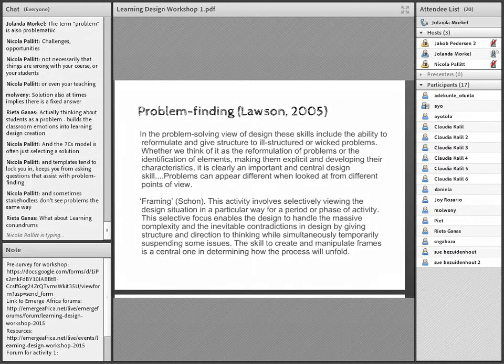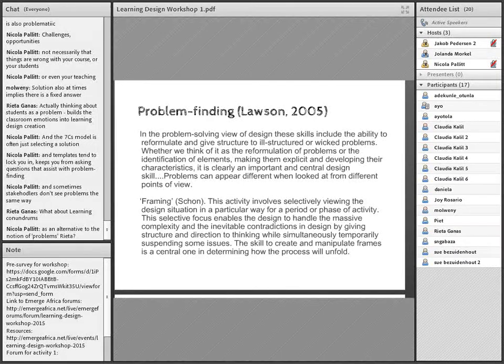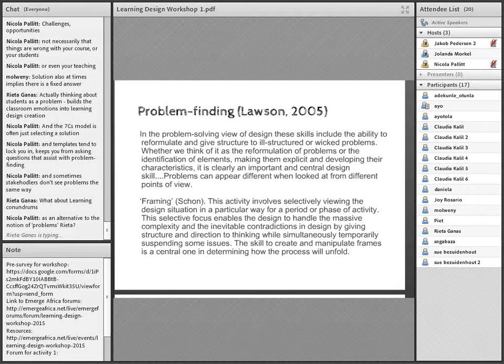We don't look at the problem from different perspectives. We need to frame the problem in different ways, and then we understand the inevitable contradictions in the design by giving structure and direction to thinking. And that, I think, is the essence of the process as Lawson frames it.